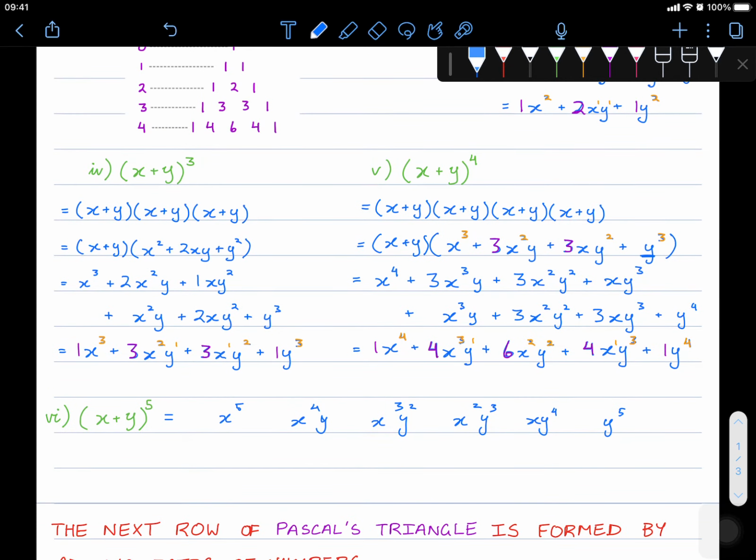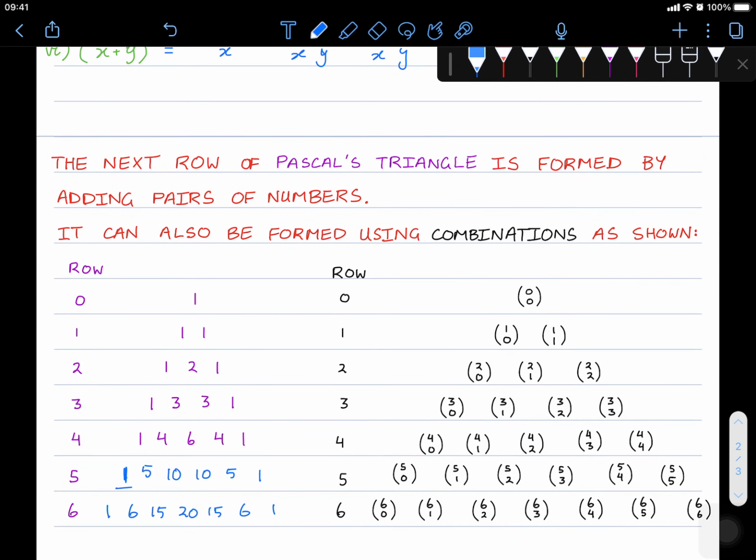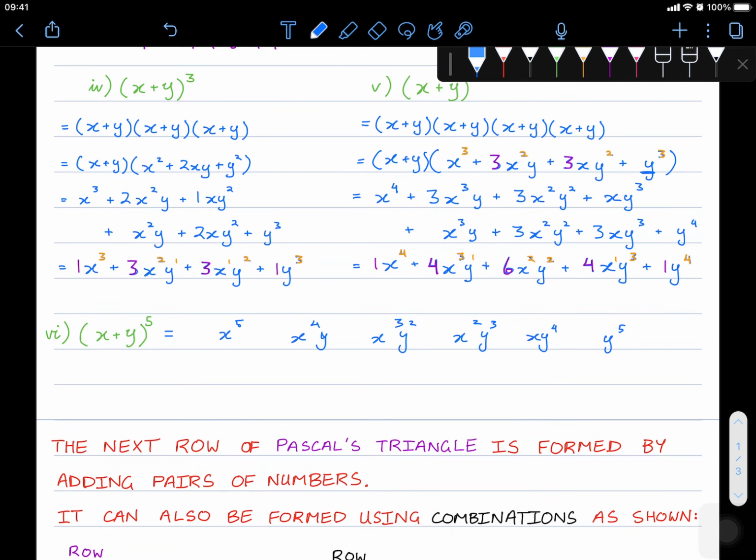As for the coefficients, we can figure that out just by looking at this. 1, 5, 10, 10, 5, 1. So 1 plus 5 plus 10 plus 10 plus 5 plus 1. And that there is the quick expansion of any binomial group.